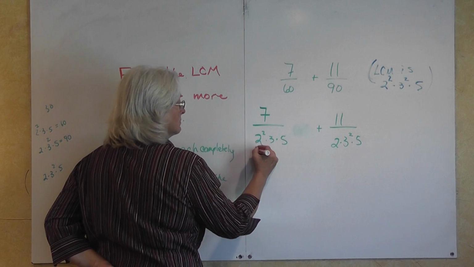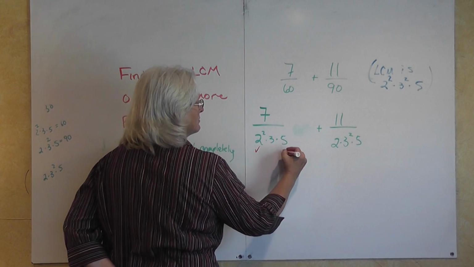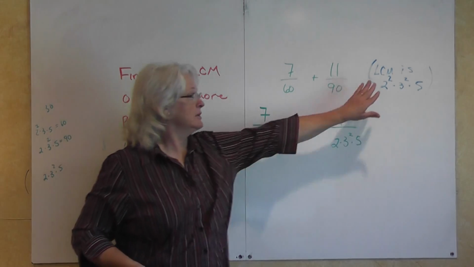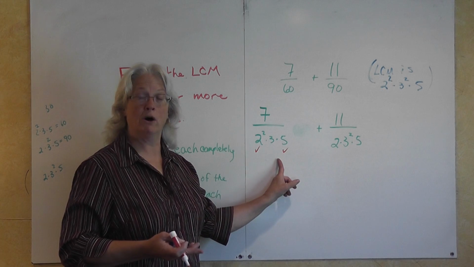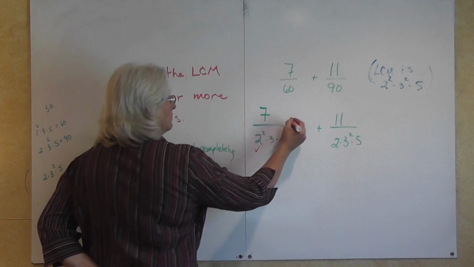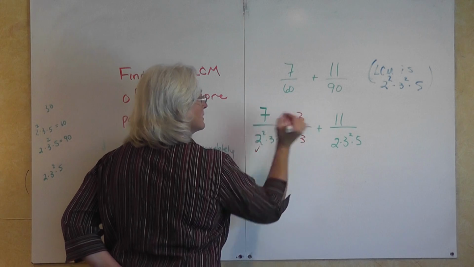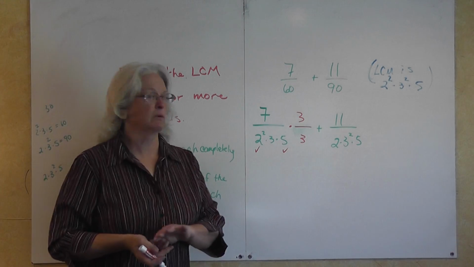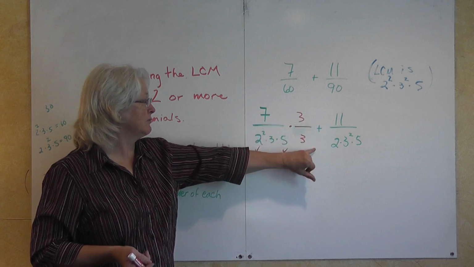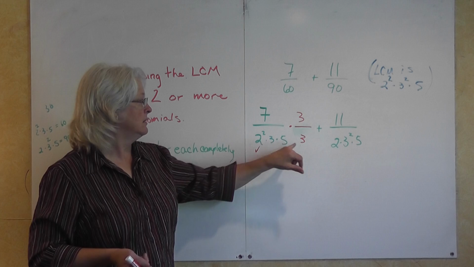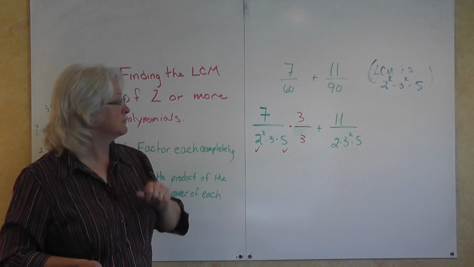But our least common multiple requires 2 factors of 3, and we only have 1. So what is missing? We're missing an additional factor of 3. So we're going to have to multiply this first fraction by 3 over 3, because when we multiply with a 3 in the denominator, we end up with our least common multiple.